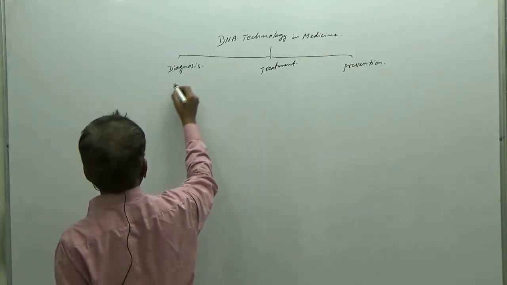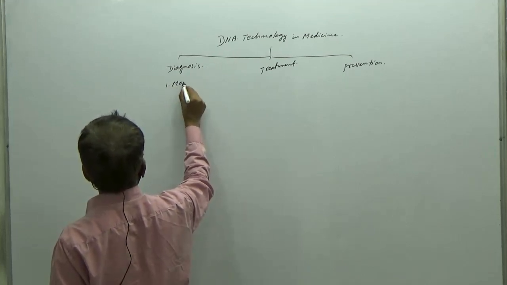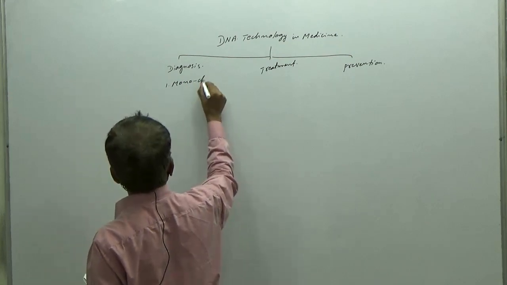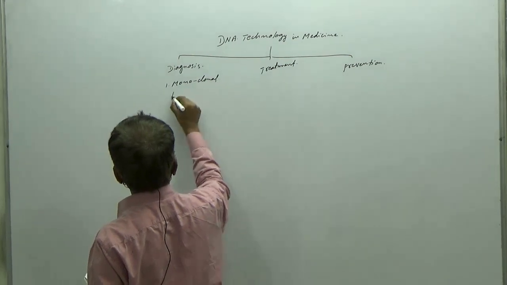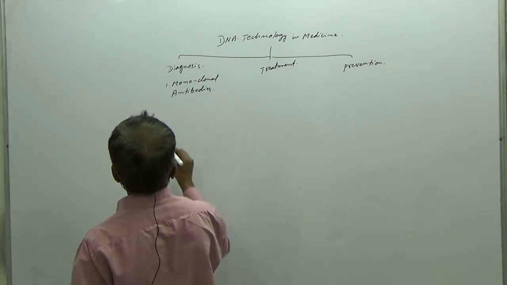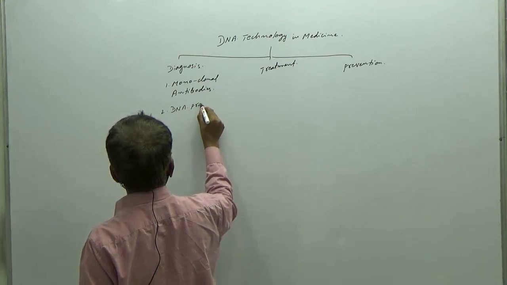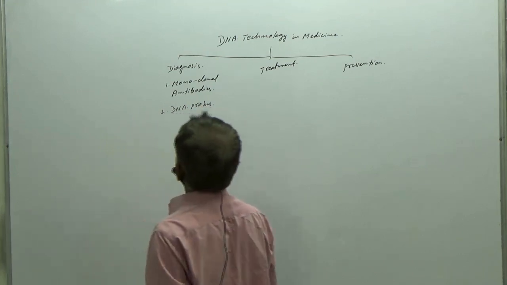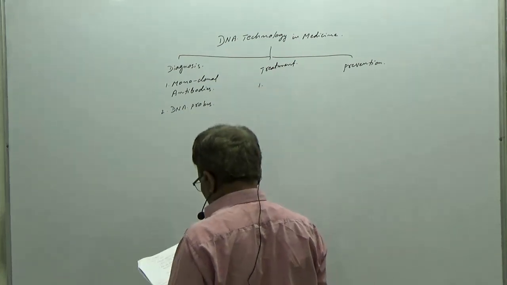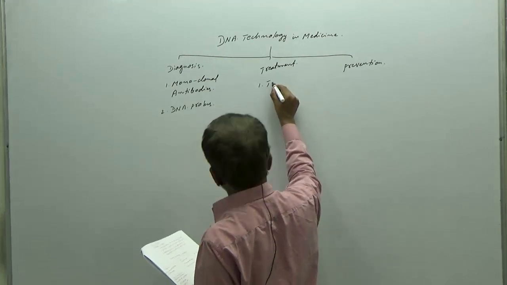So here we are using monoclonal antibodies and even DNA probes in diagnosing. In treatment, a number of enzymes, hormones, vitamins, many. They come under therapeutic substances.